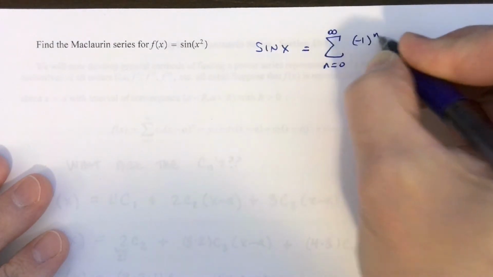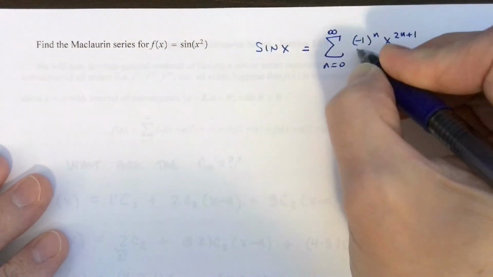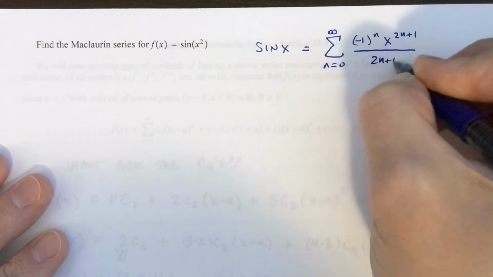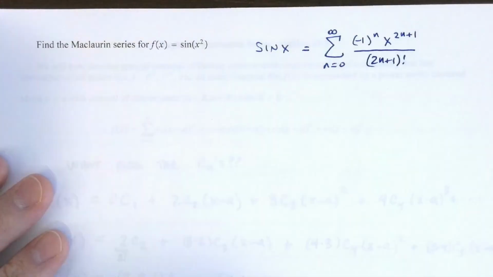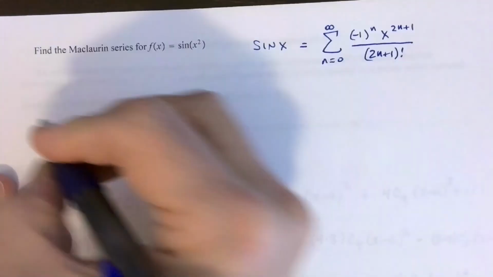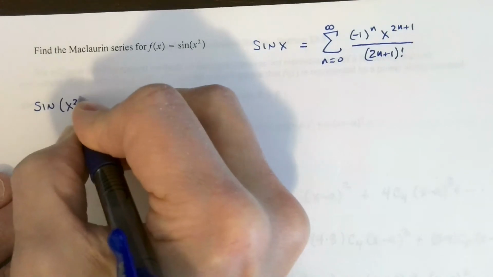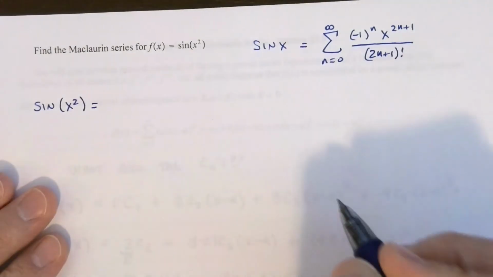It was negative 1 to the n, x to the 2n plus 1 over 2n plus 1 factorial. So this is the Maclaurin series for sine of x. And so for sine of x squared, what's it going to be?